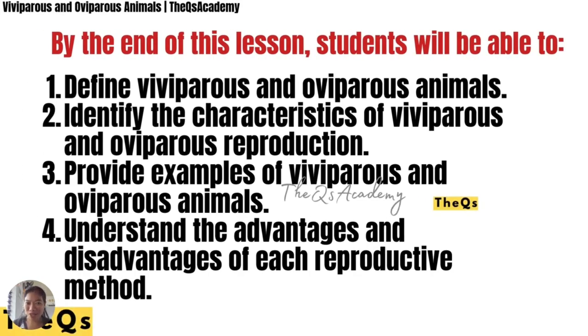By the end of the lesson, we will be able to define viviparous and oviparous animals, identify the characteristics of viviparous and oviparous reproduction, provide examples of each, and understand the advantages and disadvantages of each reproductive method.